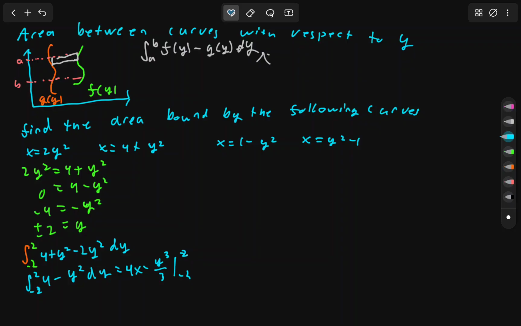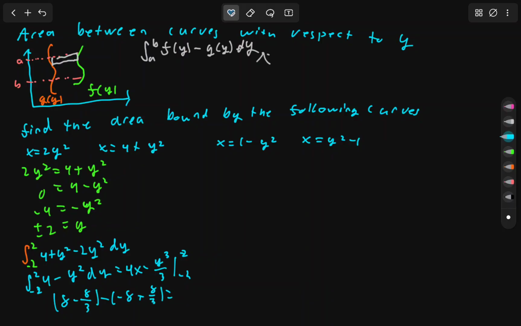Evaluating this at 2, we get 8 minus 2 cubed, which is 8, so we get 8 thirds. Minus, now we evaluate at negative 2: 4 times negative 2 is negative 8, plus negative 2 cubed, which is negative 8, divided by 3.